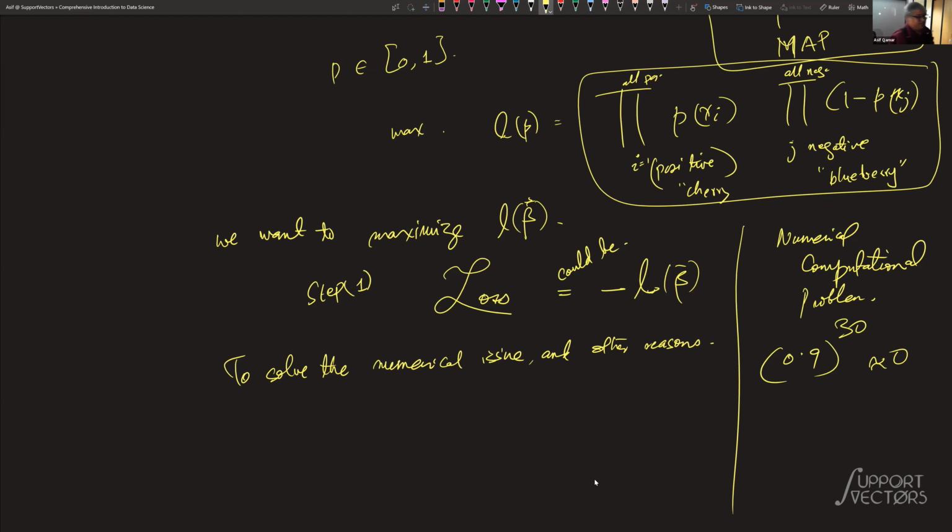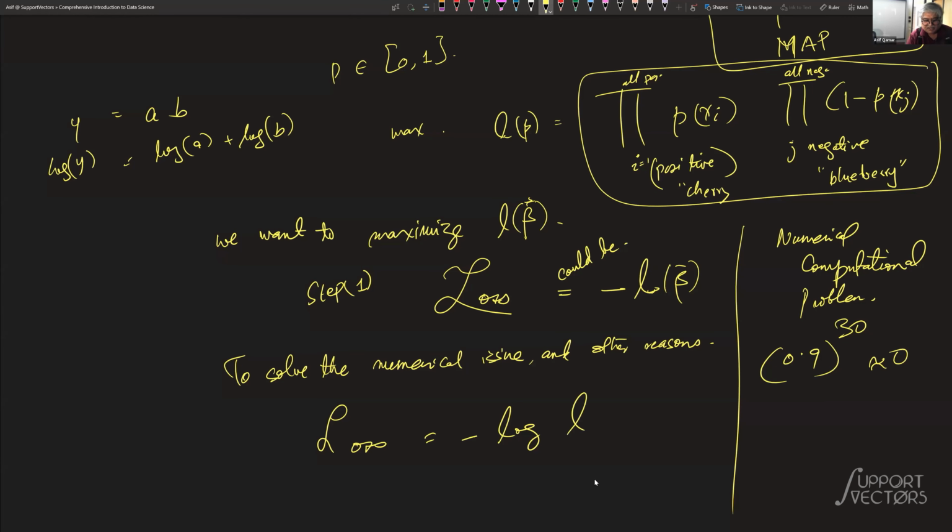If y is equal to a times b, log y will be log a plus log b. Make sense, guys? Am I talking simple things? So if we do that, you take the loss function as minus log of L, the likelihood function.